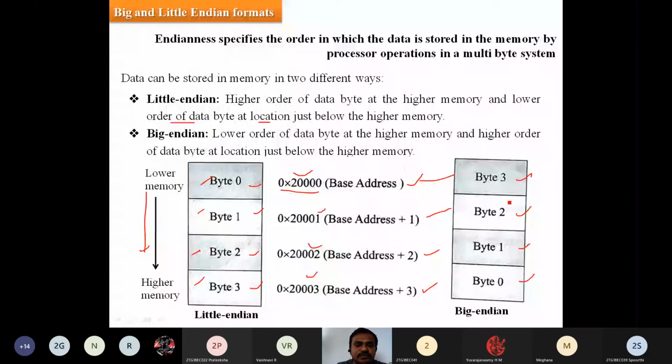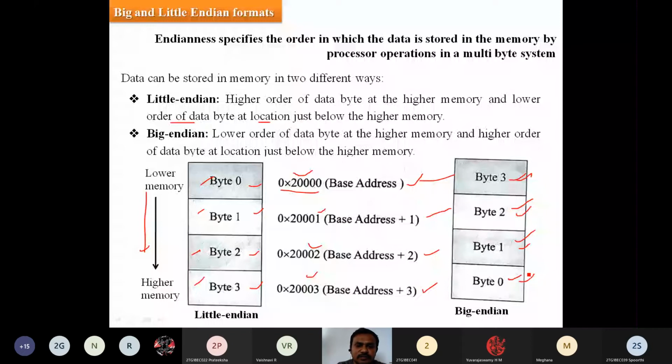The first byte allocated in the first, or lower, memory is the higher byte, that is byte 3. Then the next lower byte, byte 2, is stored in the next higher memory. Byte 1 is stored in the higher memory above byte 2. Then byte 0 is just above byte 1's location.